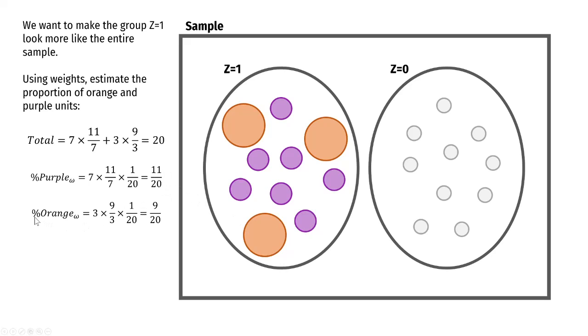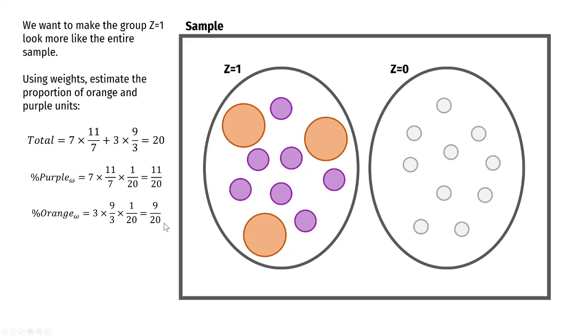Doing the same thing with the orange units, we can calculate the percentage of orange units using weights. And now we have 3 units. Each of them is worth 3 units, right? Remember that each orange unit was weighted by 3. And we can estimate that over the total weighted amount, which was 20, and we get 9/20.